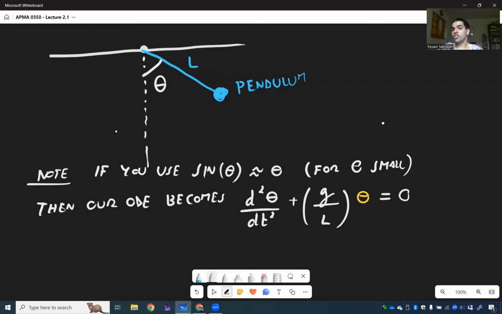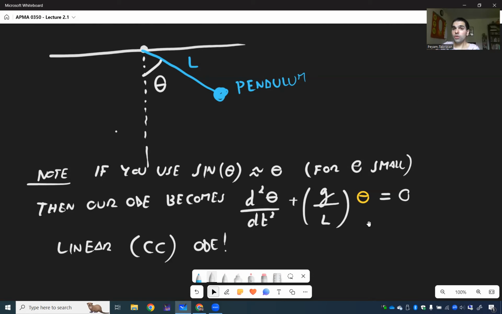Because here the coefficient is 1, here the coefficient is a constant, and then equals 0. So in fact, we get a linear, even a constant coefficient ODE. And the idea is hopefully by solving this thing, we can at least get some info for our original equation.